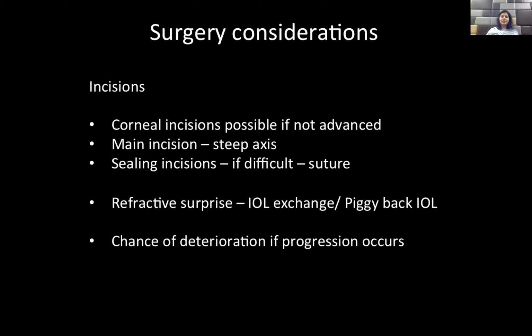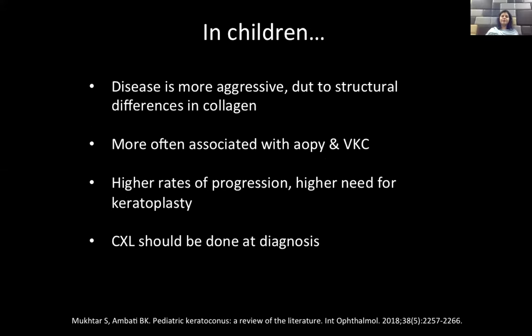It's quite like your standard procedure, except corneal incisions are possible if it's not an advanced case. The main incision should be at the steep axis, and sealing incisions, it could be difficult. Just put a suture if you have any doubt. Refractive surprise is something that you have to explain to the patient pre-op, and you have to be ready for IOL exchange or piggyback IOL. And in case the keratoconus progresses later, there is a chance of deterioration of vision.